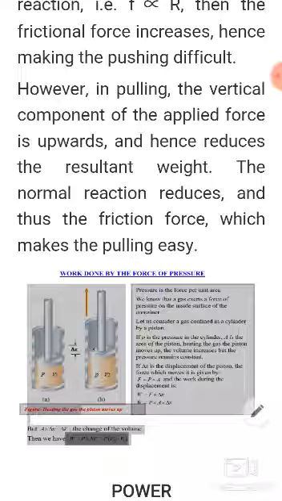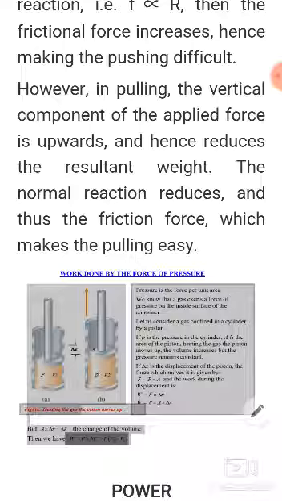Now we take the force applied to be F, and the small distance moved by the cylinder to be X. Going back to the formula of pressure, pressure is force over area. That means you can make force the subject, so force becomes pressure times area.